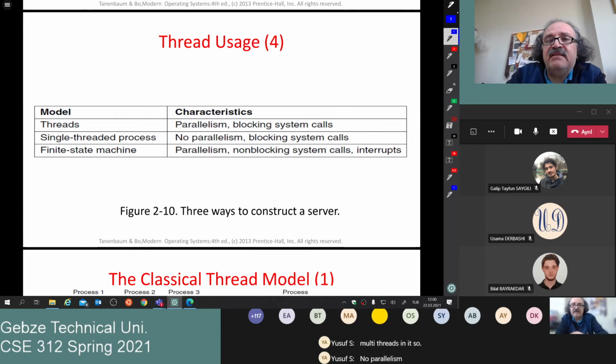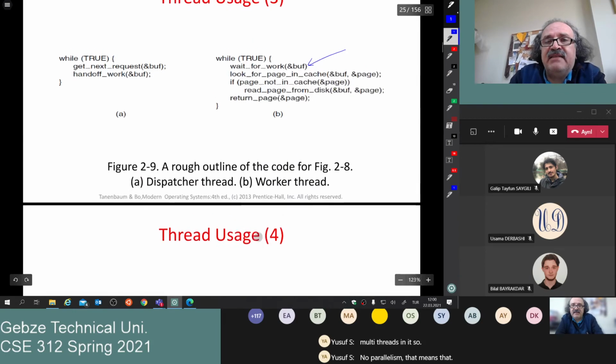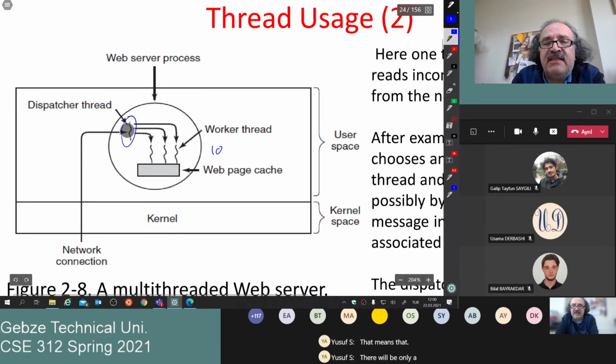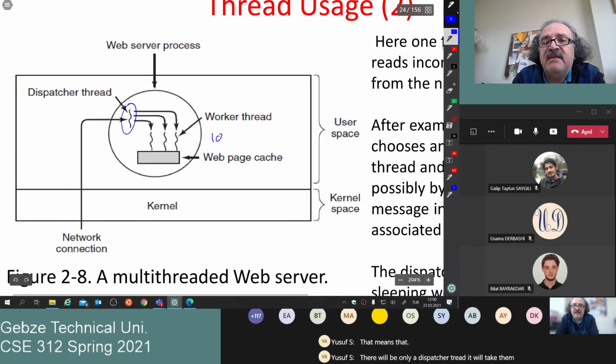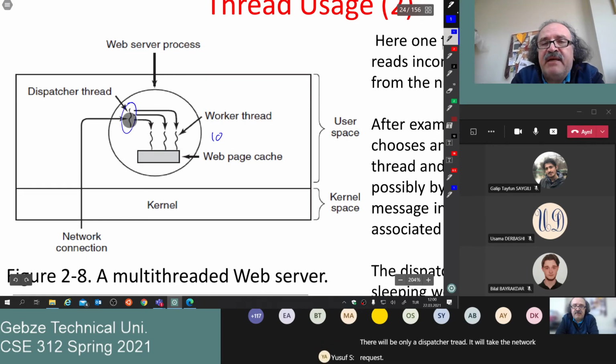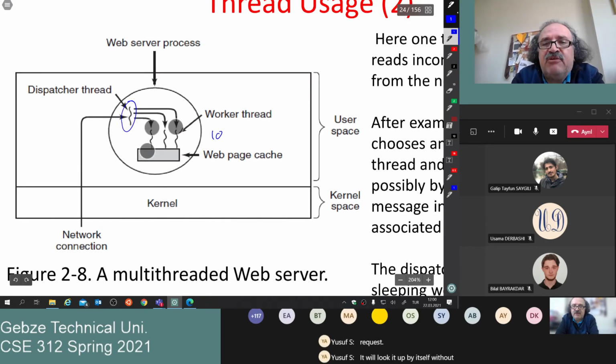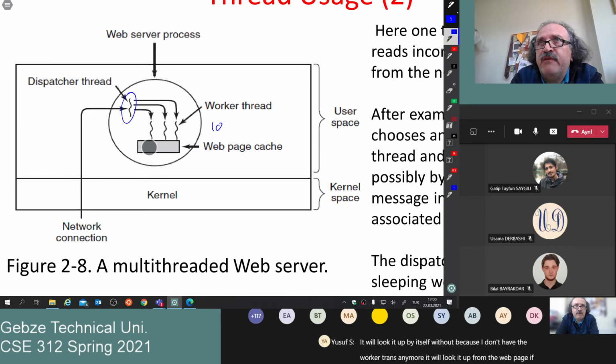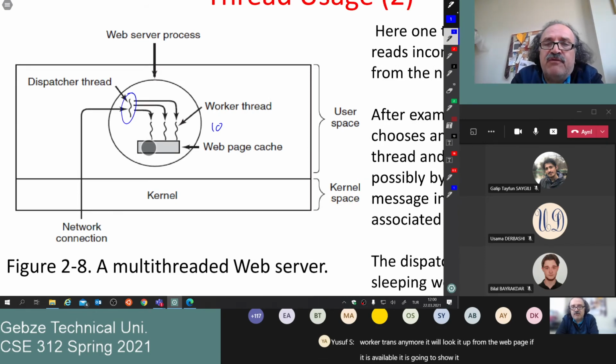That means there will be only a dispatcher thread. It will take the network request. It will look it up by itself, because I don't have the worker threads anymore. It will look it up from the web page cache. If it is available, it is going to show it. Otherwise, it's going to load it from the disk, and it will wait for the next connection.